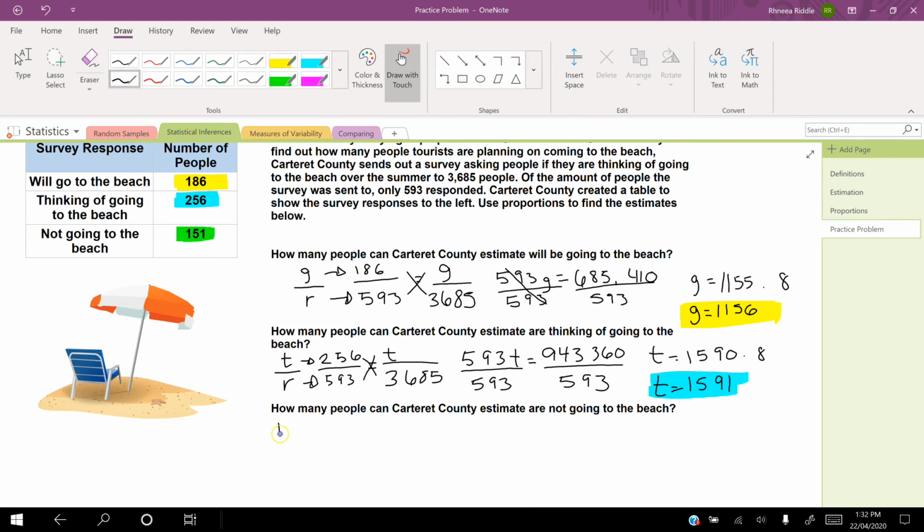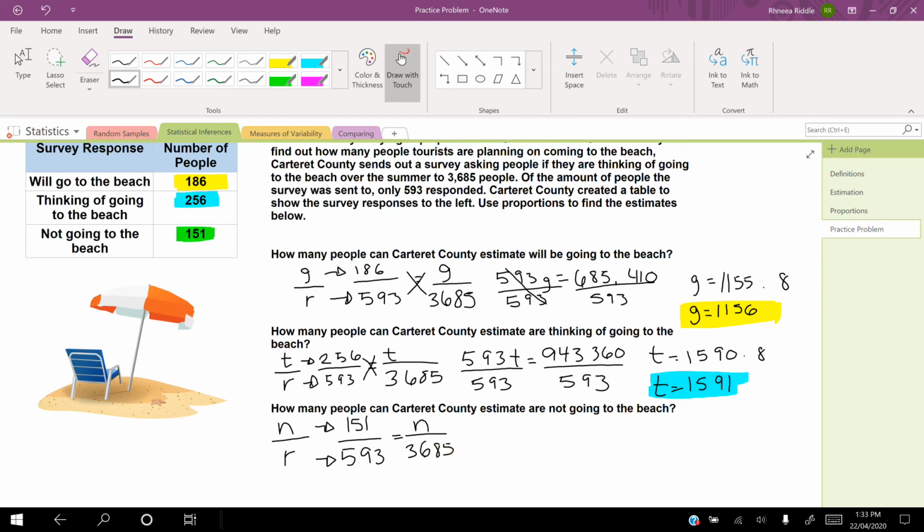This is our not going over how many people responded. So not going is 151. How many responded is 593. And we're going to set that equal to the total. So we don't know the total yet of how many people aren't going, but we do know we asked 3,685 people.